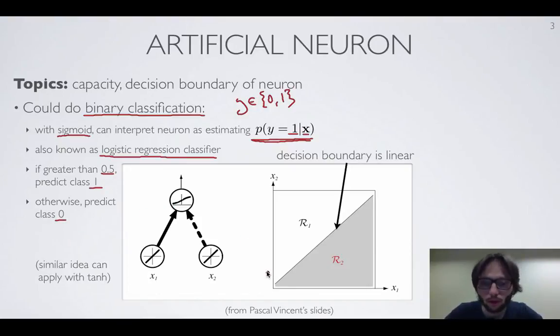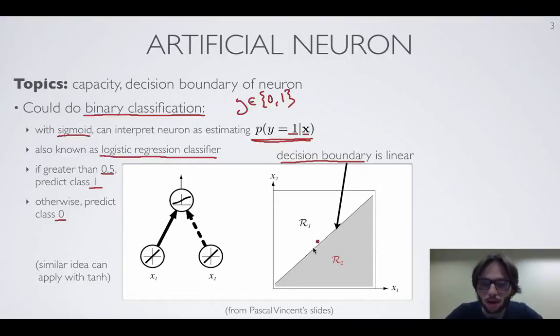If we look at the decision boundary, the surface where some input could equally belong to either class, we find that the classifier is performing a linear classification.